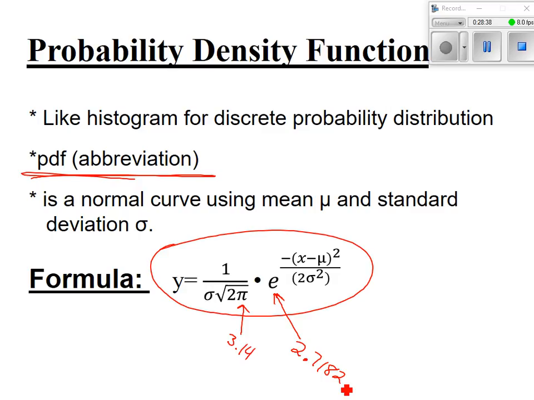So both those numbers are actually fixed, and both of them are on your calculator somewhere. So you can just put those in where they need to be. The ones that you're going to have to actually know for the problem are your sigma, your x value, and your mean, your mu.